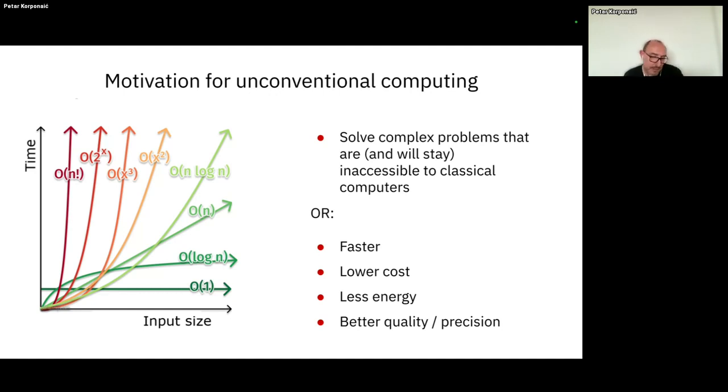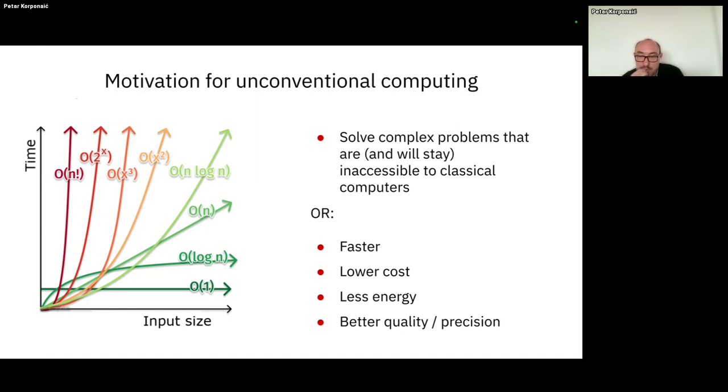Now, we need to solve complex problems that are and will stay inaccessible to classical computers. There are problems that are simply too complex to solve, and we will never have a classical digital computer which will solve some of the hardest computational problems.